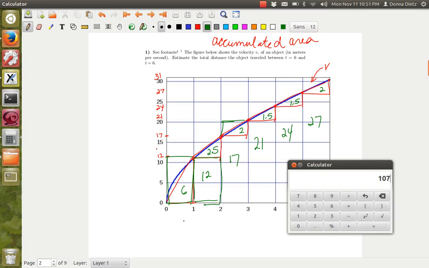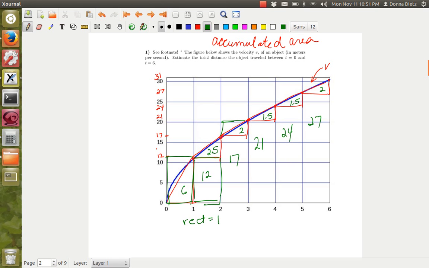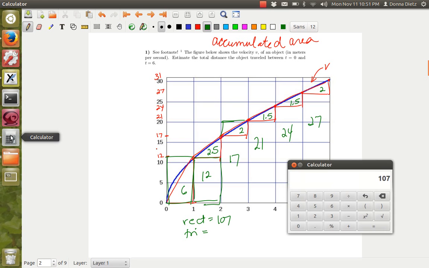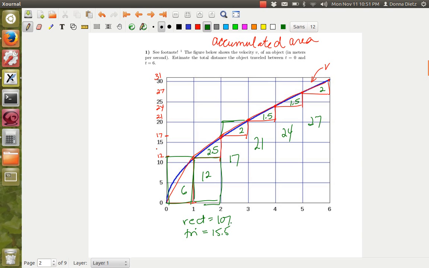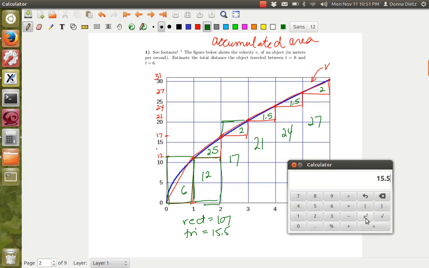So the rectangles is equal to 107, and the triangles, okay, is equal to, let's see, 6 plus, okay, I'm going to group some of these, 4.5 plus 5, 15.5 plus 107 equals 122.5.